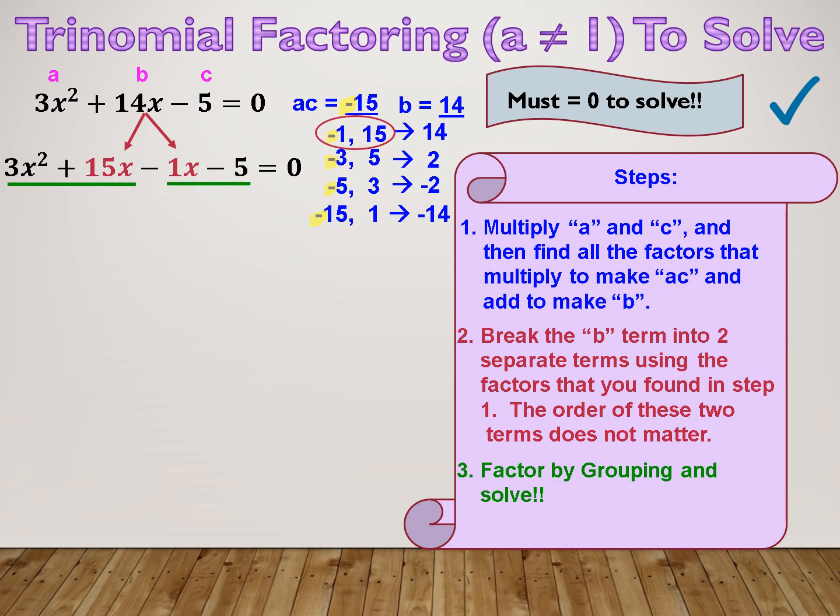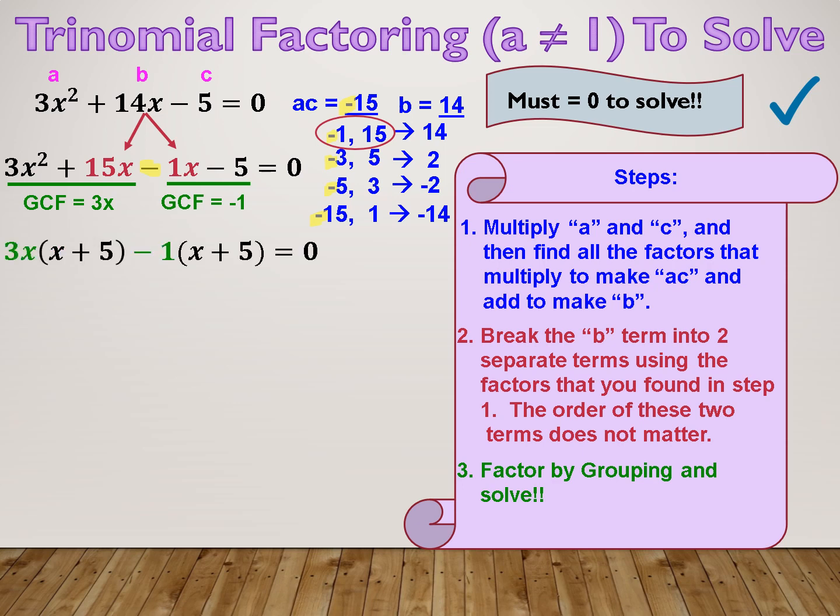So underline the first 2, underline the second 2. The GCF of my first 2 is 3x. The GCF of my second 2 would be 1. But remember, we've got this negative here. So instead of it being a positive 1, it's going to be a negative 1.